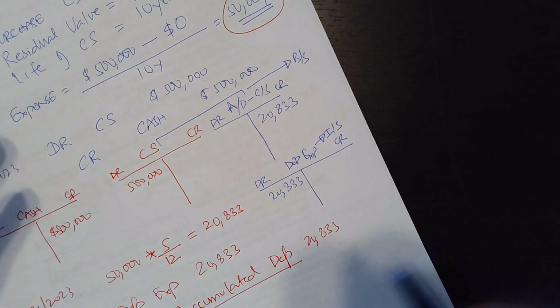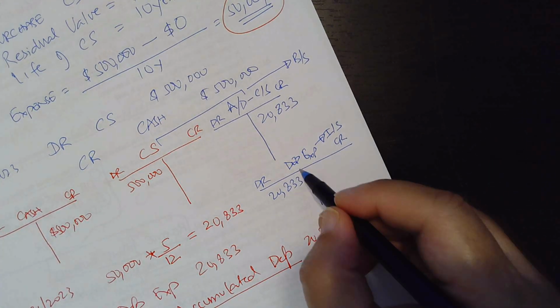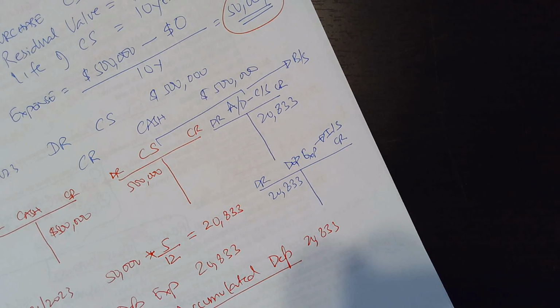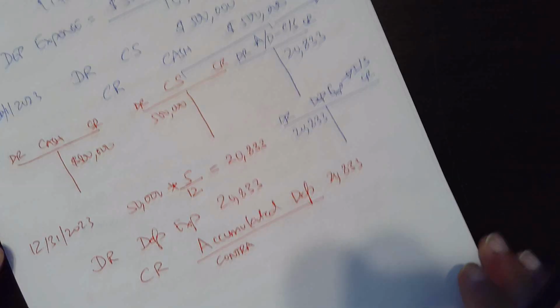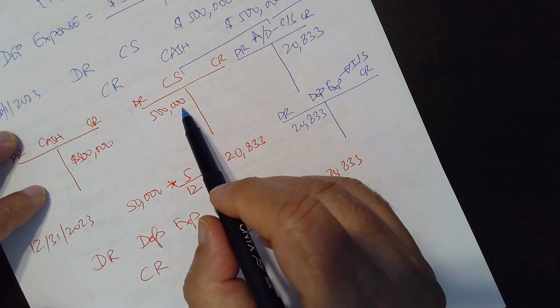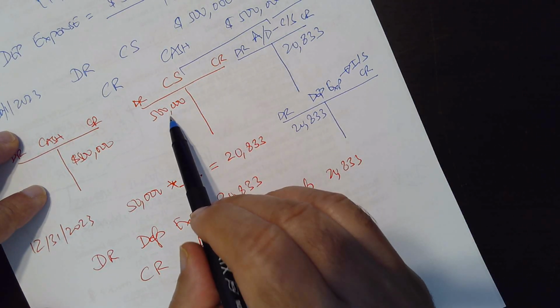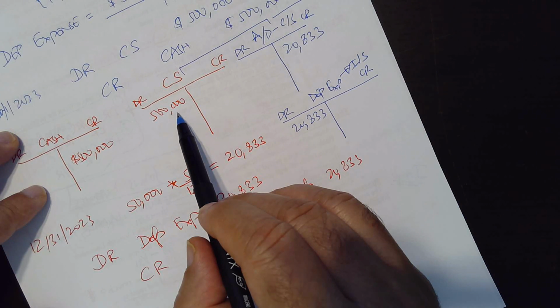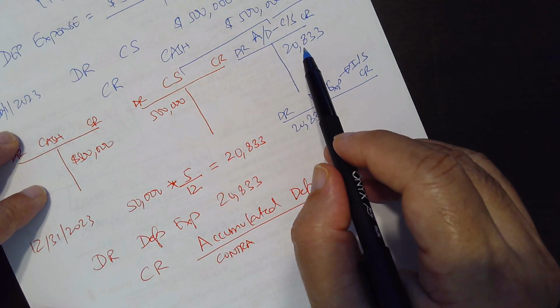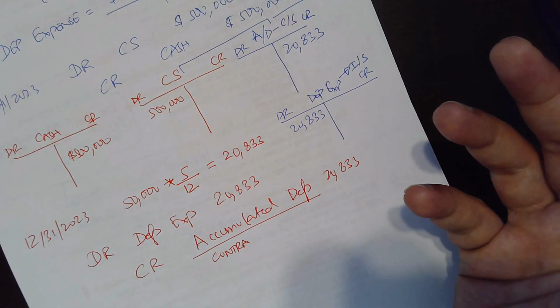All right, because in the income statement we report all our revenues and expenses. So why is it important? Because at the end of the year, when somebody looks at it, they say, yes, we purchased this asset for $500,000. We have used up $20,833 worth of this computer system.